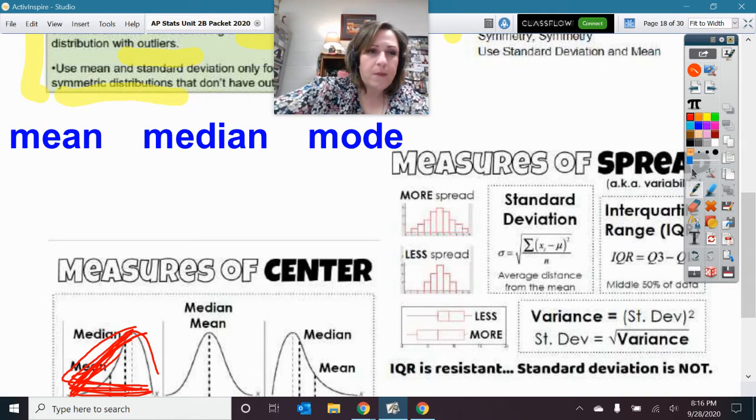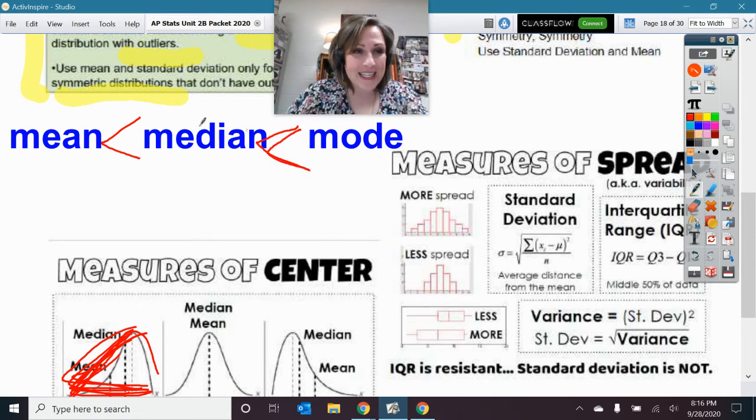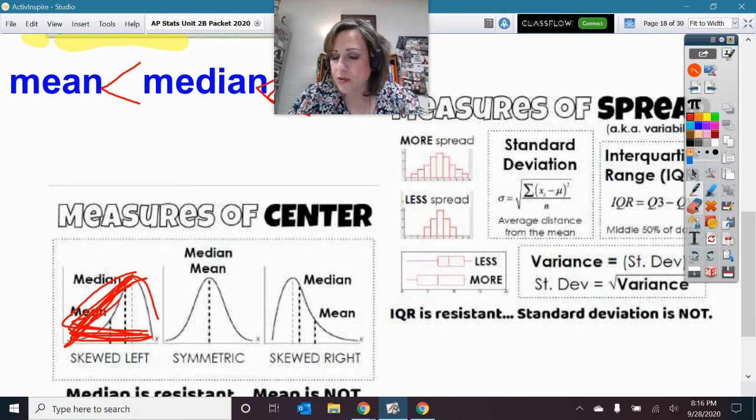So then we use these inequalities right here. So what this says is the mean is less than the median, and the median is less than the mode. And that's what this visual down here is also showing.